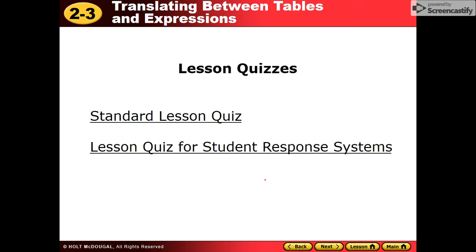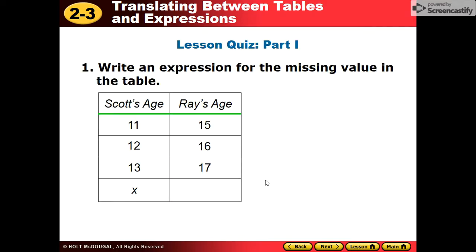Guys, I know that the check it out didn't exactly match up on today's know it note sheet. Just examples 1, 2, and 3 did. The check it outs did not. Still try the check it out problems, and if you have questions on them, feel free to ask me. The other thing I'd like you to do is check out these lesson quizzes.